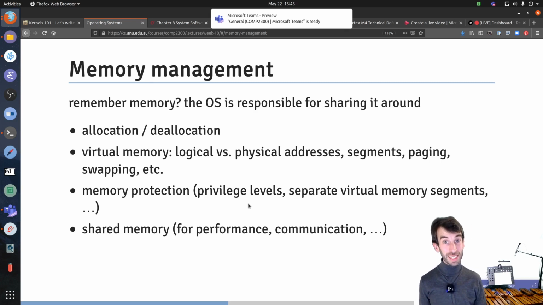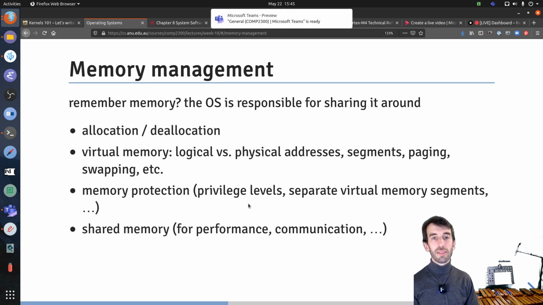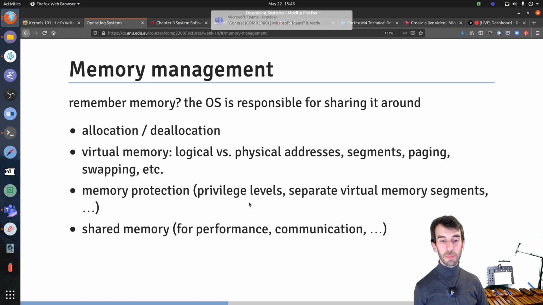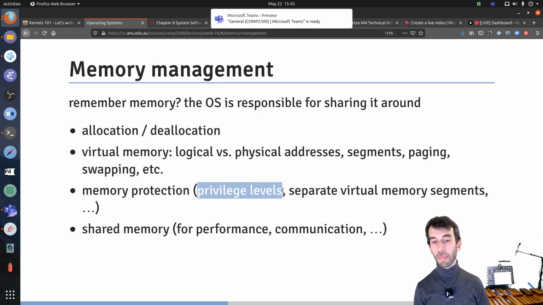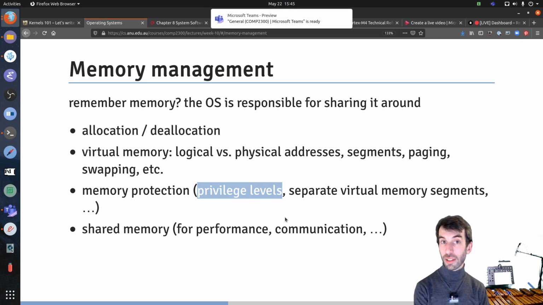The operating system has to set up the memory protection hardware. It's actually a device as part of the CPU. But we need to make sure that only the operating system can talk to that and the other processors working on this computer can't. So we have this concept of privilege levels, which is an architecture level system built into your computer.